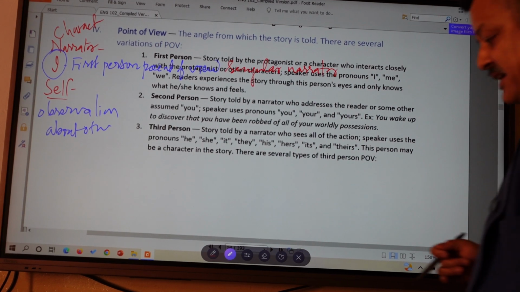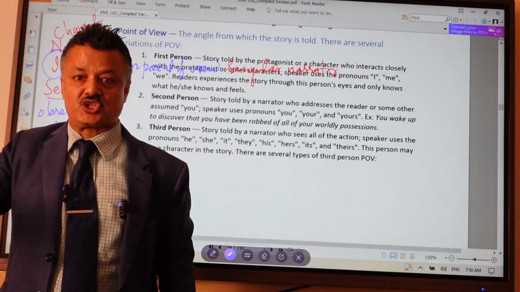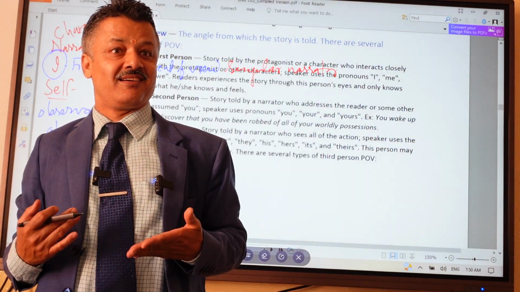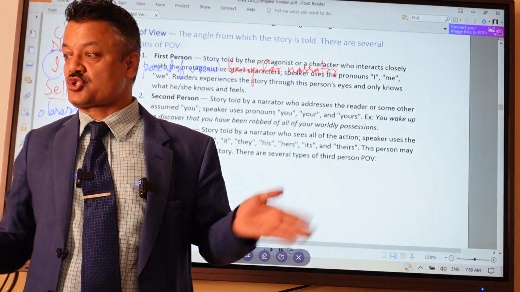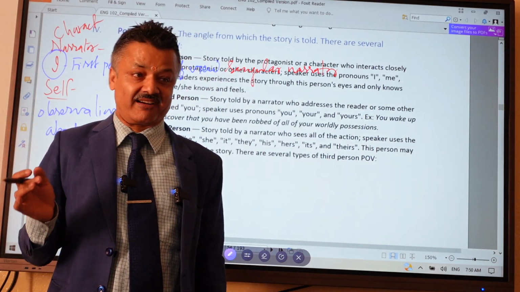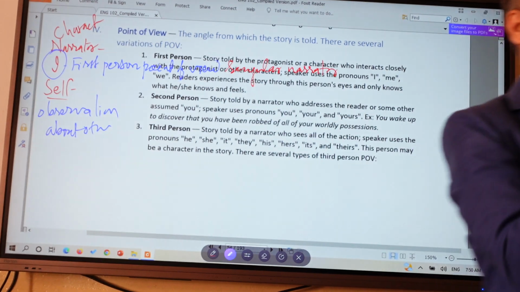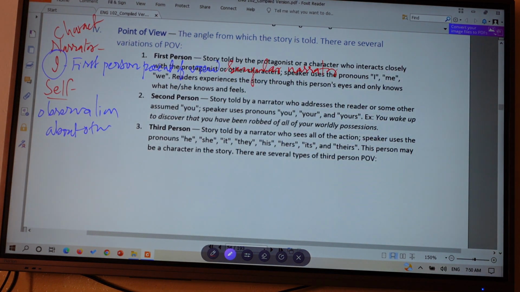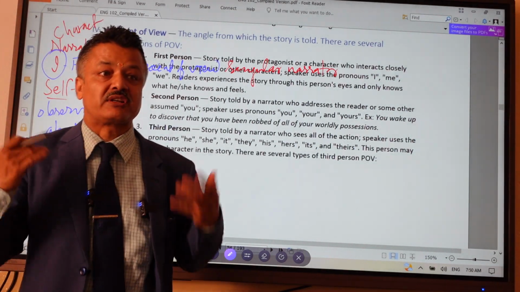Now you see that if this guy can cheat his girlfriend, how can I trust him for the story he's telling me? Maybe he's hiding something. Such a narrator is called unreliable. So narrators can be reliable and unreliable. A reliable narrator is one who you believe is honest in his storytelling. An unreliable narrator is one who you believe is not honest in his storytelling.